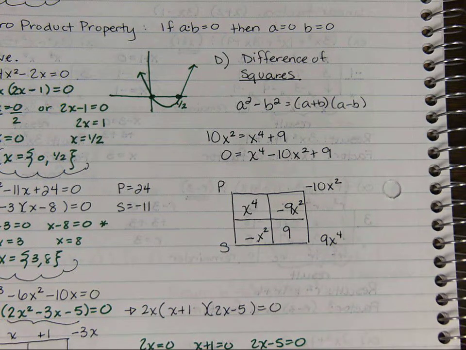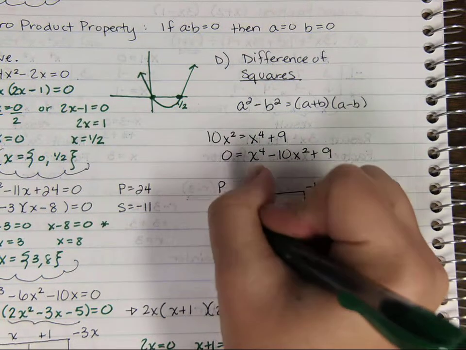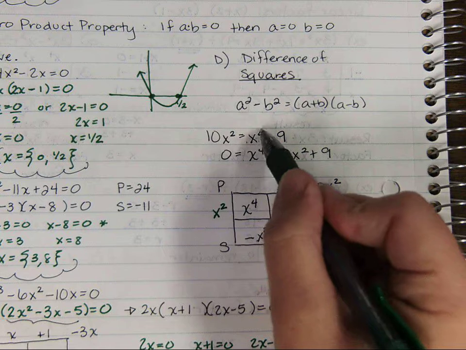And when you factor outwardly on this top row, they don't have any numbers in common, but they have an x squared in common. Yes, ma'am. What do you mean the sign for the 9 didn't change? This stayed the same.